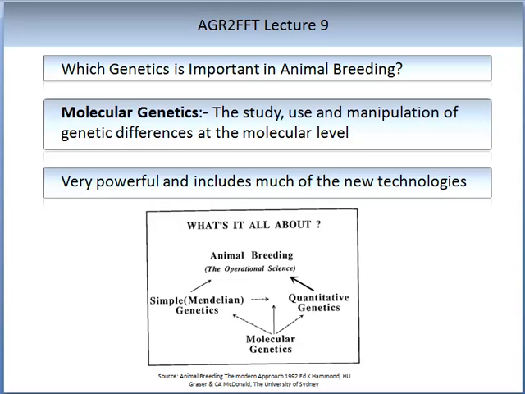It is important in animal breeding as it is a very powerful technique, and it includes much of the new technologies. Therefore, we can conclude that in order to optimize animal breeding, we will incorporate quantitative genetics, simple descriptive Mendelian type genetics, and molecular biology technologies which will inform all of these.